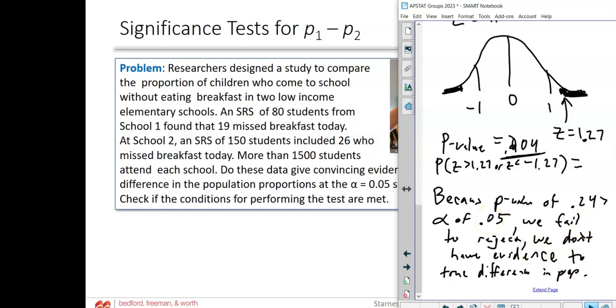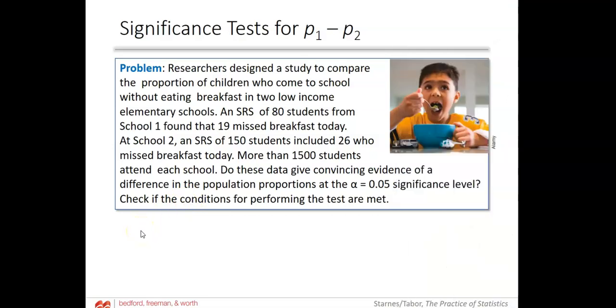That true difference in proportions are not equal, right? That's what we think. Let's talk about what they are: the true difference in the students who ate breakfast today at both of the different schools, that they're not equal. So we don't have enough evidence to say they're not equal. They might be equal, we don't know. But we know we don't have enough evidence to say they are.